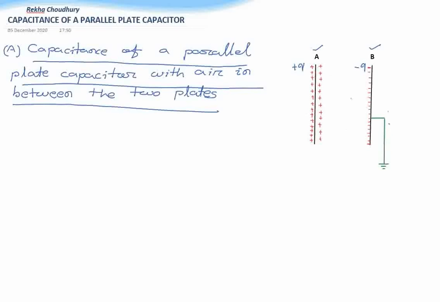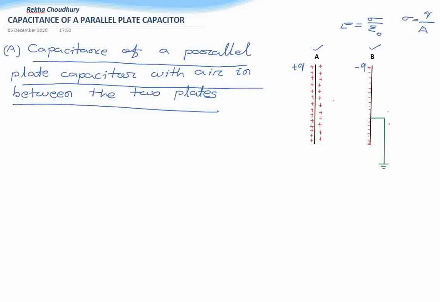So electric field inside these two plates, E is equal to sigma divided by epsilon naught, where sigma is the surface charge density and the value of sigma is equal to Q divided by A, where A is the cross-sectional area of each plate and Q is the charge on the plate.